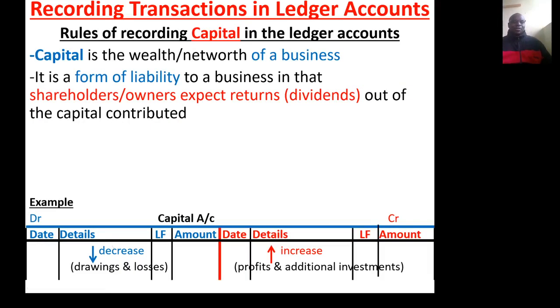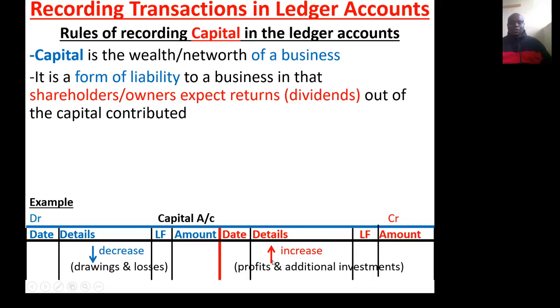We look at capital, rules of recording capital in ledger accounts. Capital is the wealth or net worth of a business. It is a form of liability to a business in that shareholders or owners expect returns or dividends out of the capital they contributed. So, if capital increases, you record that transaction on the credit side.